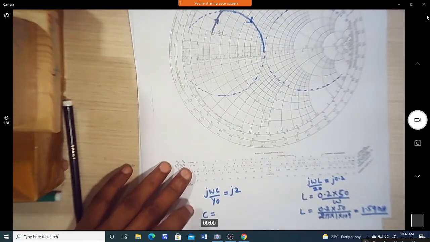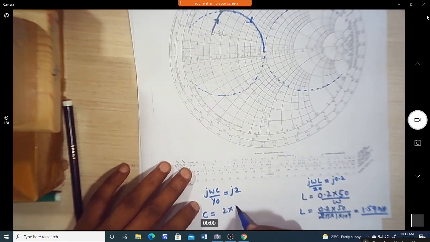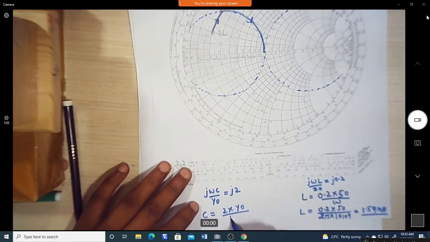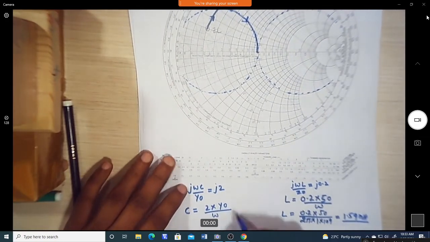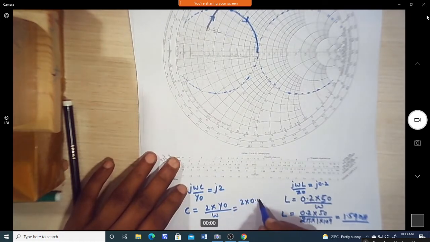If you equate that j2, we will get the value of the capacitor. So capacitor C equal to 2 into Y naught divided by omega, which is equal to 2 into 0.02 divided by 2 pi into 1 into 10 power 9.